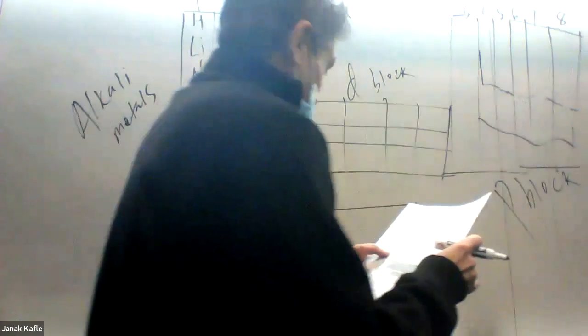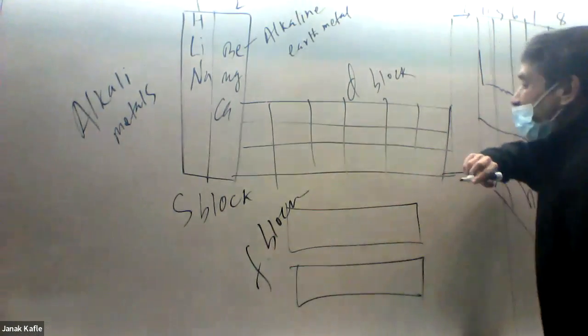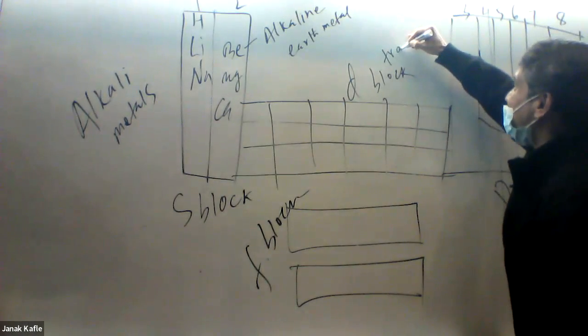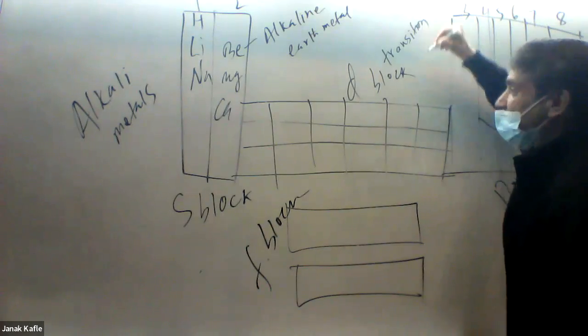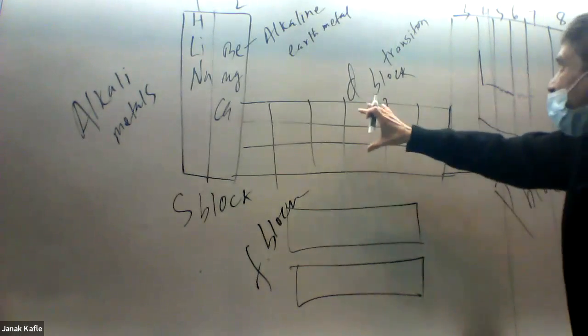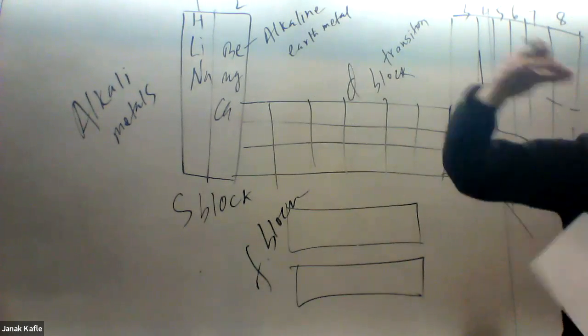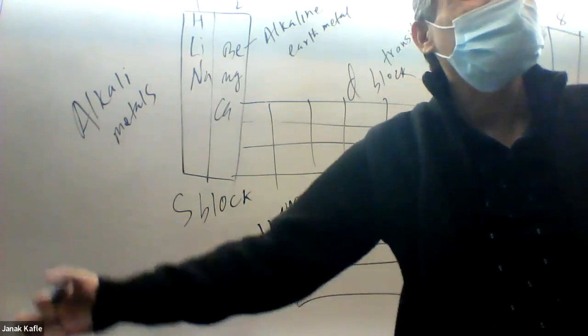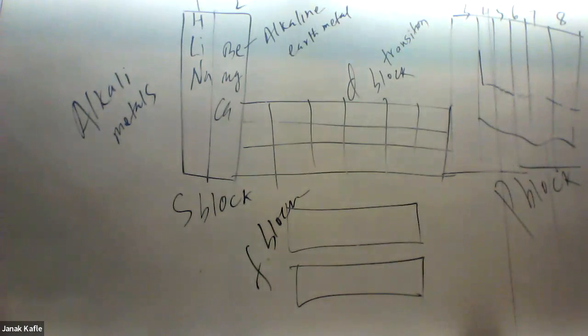And this D block element, they call transition elements. Since they are between S block and P block, it's kind of a transition, right? Like the transition from high school to college, something like in-between elements. Make sense? And these elements are called P block elements.